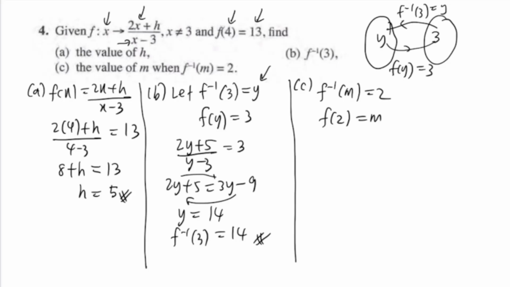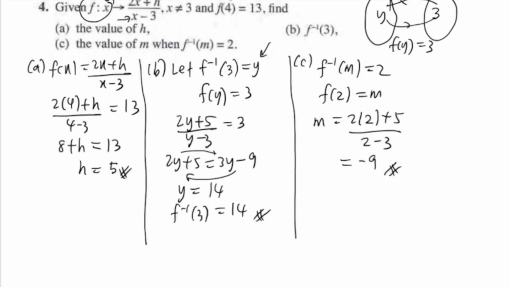And what is f(2)? f(2) simply means we put 2 inside your function f here. Again, I know my h is 5. So this is 2 minus 3. 2 times 2 is 4, 4 plus 5 is 9, 9 divided by negative 1. m is just negative 9. Yep, I think it's a lot simpler.